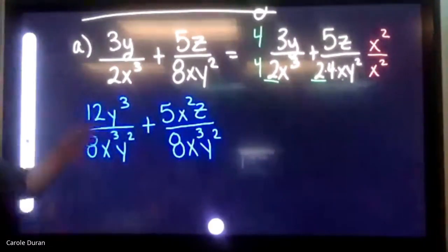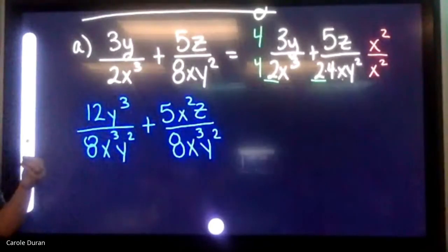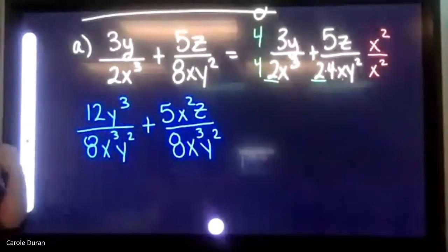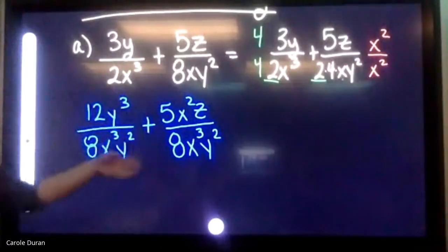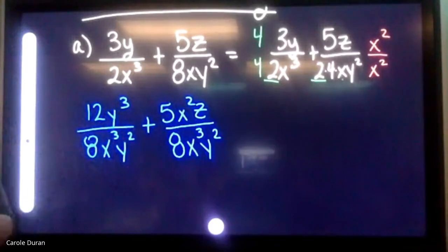Okay, anybody confused by what we did? So essentially we multiplied things in to create common denominators, and then we'll just finish simplifying. Did anybody not get these 2 fractions? Now how do I finish out this problem?